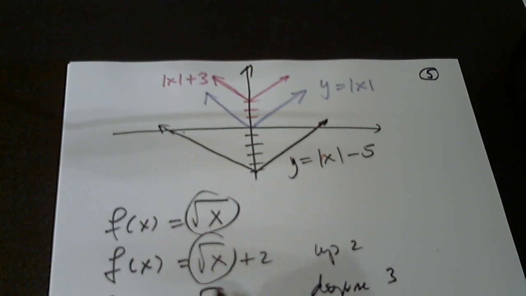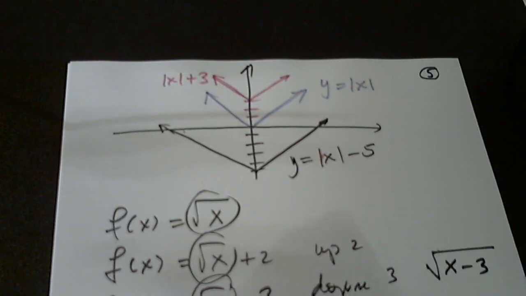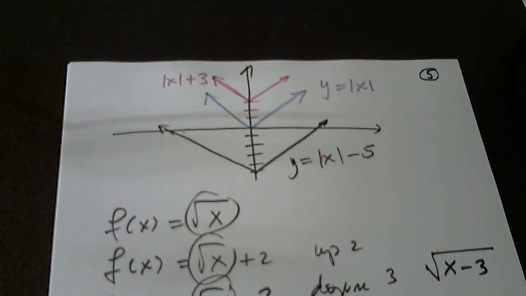Square root of x minus 3. That's it. You said it correctly, but what I mean to say is that the square root does not change, and we're subtracting 3 from the y value.